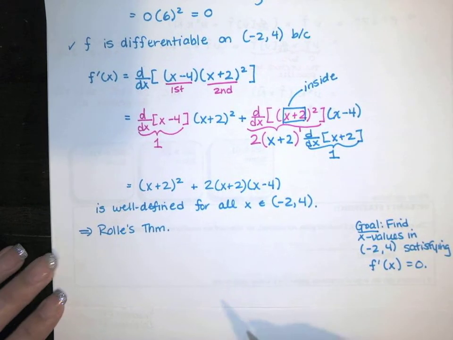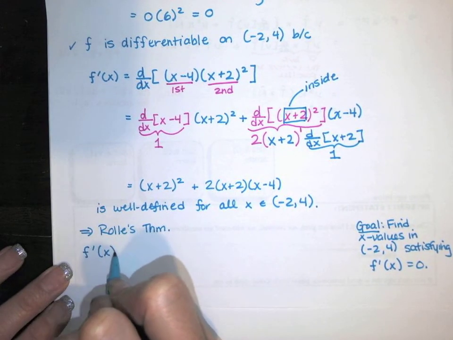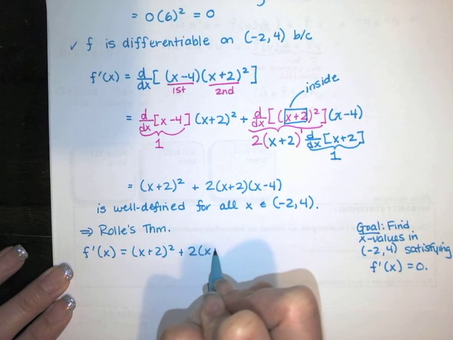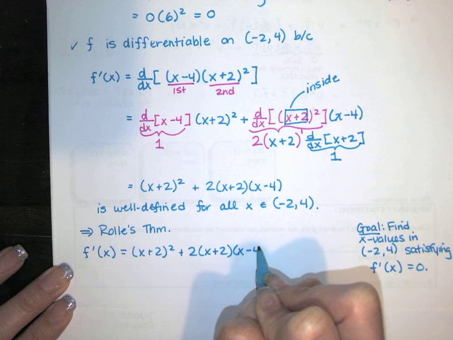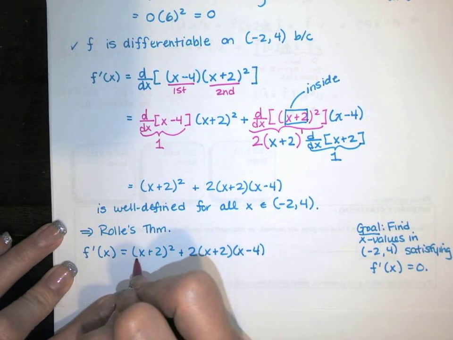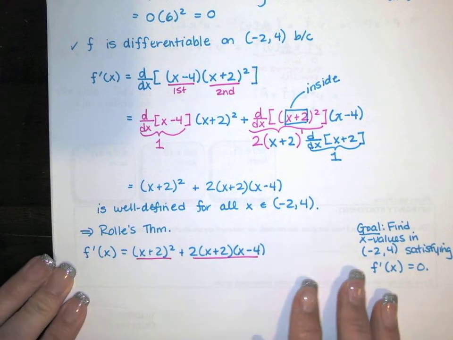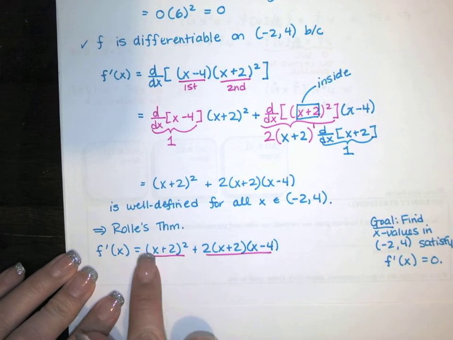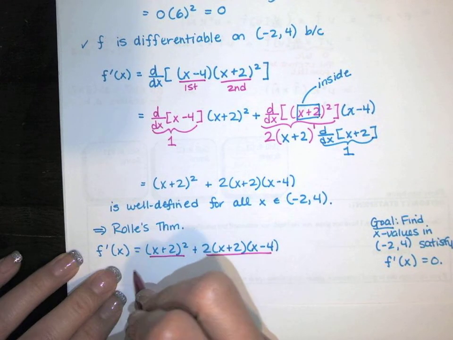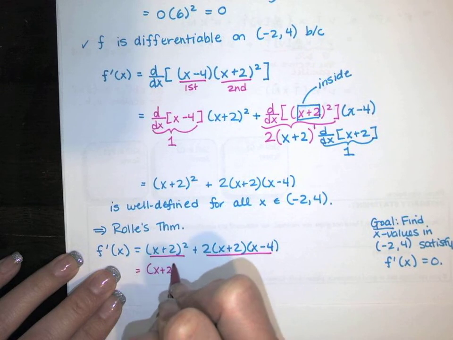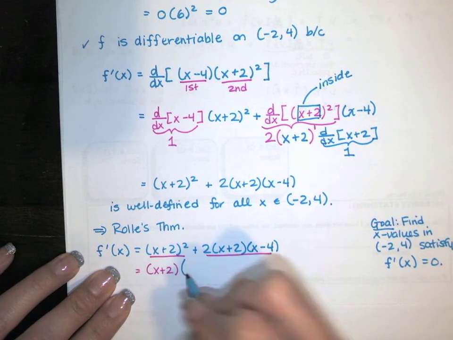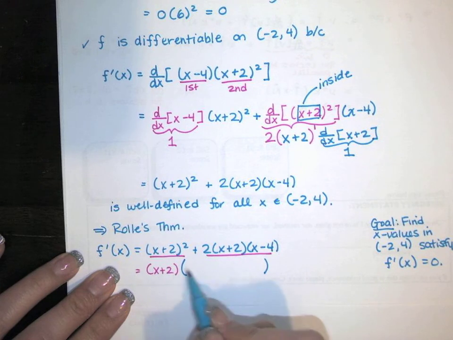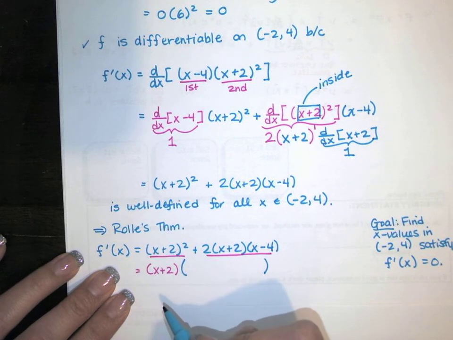Okay. So I've got f prime equals x plus 2 squared plus the quantity x plus 2 times x minus 4. And we're looking at this, and we're saying to ourselves, well, what do these guys have in common? Well, this has an x plus 2 in it, and this has an x plus 2 in it. So I can factor out an x plus 2 from both of those. And then I say to myself, x plus 2 times what gives me x plus 2 squared?